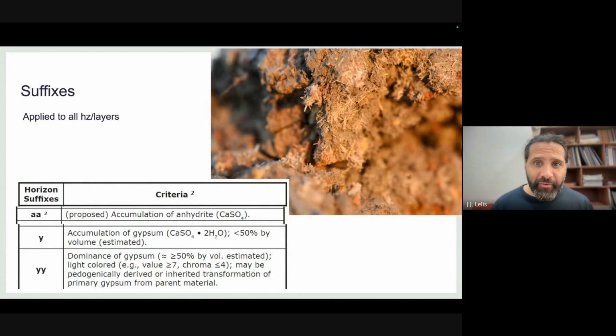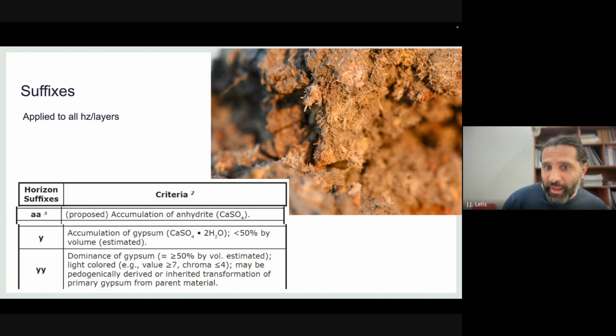We also have some suffixes that can be applied to all horizons and all layers, okay? For example, the presence of calcium sulfate, the gypsum or any anhydrite presence in the soil should be described.